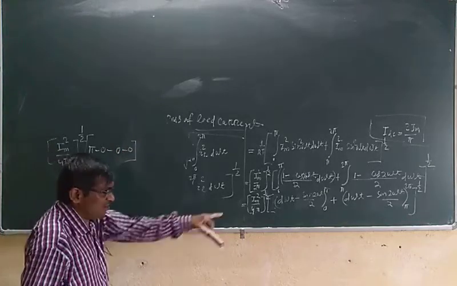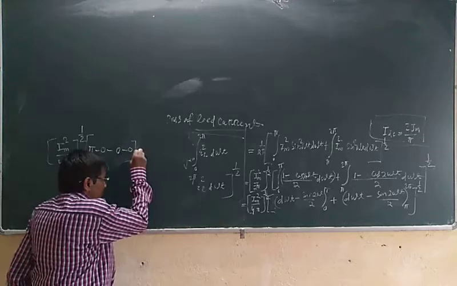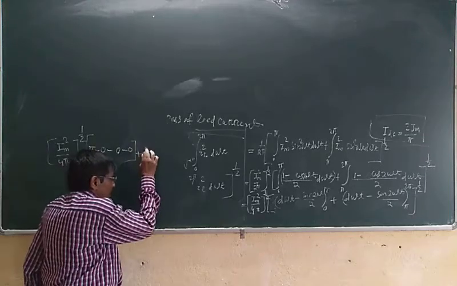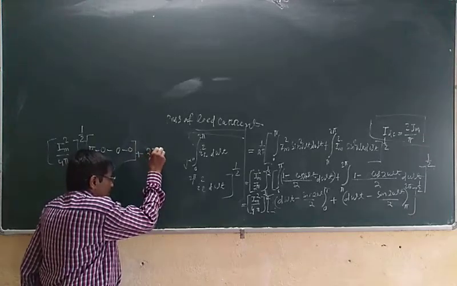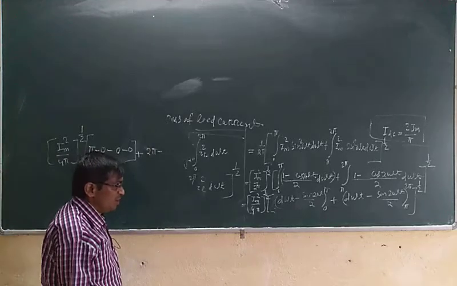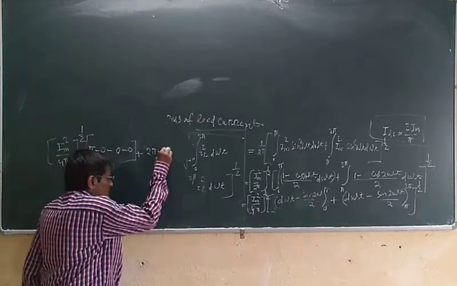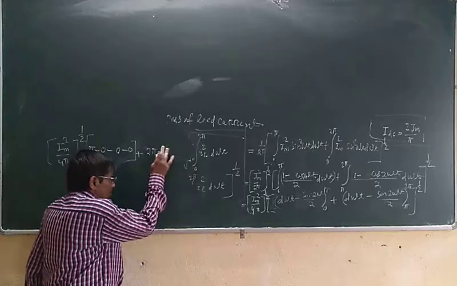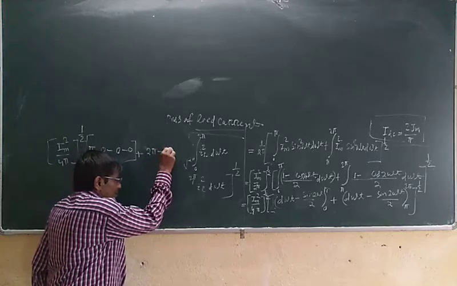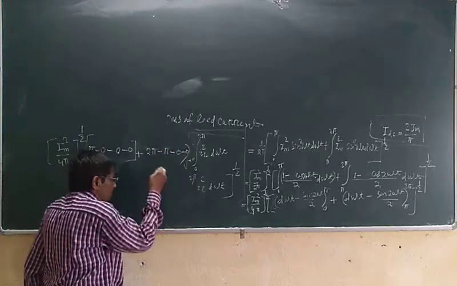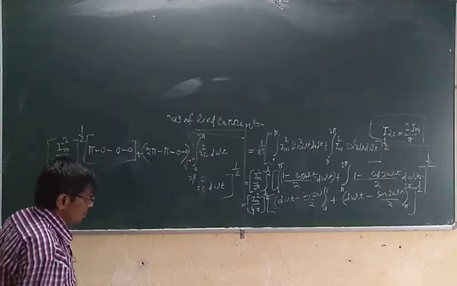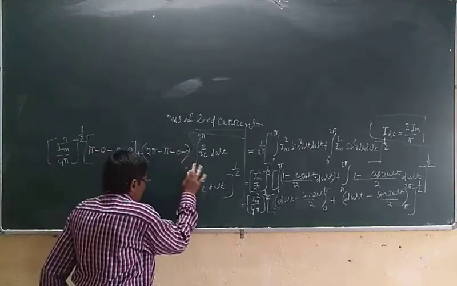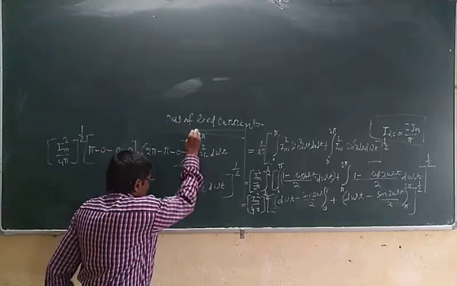Then again plus d omega t means 2 pi minus sin 0 means 0, minus pi minus 0 minus 0. Now this is under root 1 by 2.